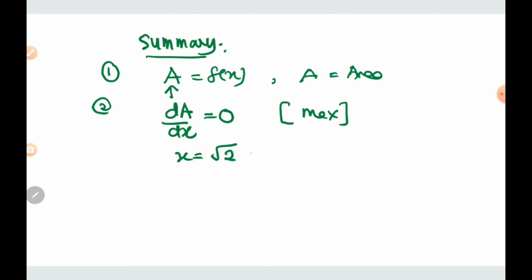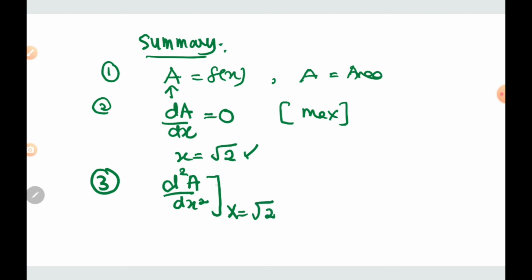So when x equals to 2, the area is maximum, but you need to go until the second derivative, that is d²A/dx². Then you have to substitute x equals to 2 into d²A/dx², and show that you will get the answer is negative, that is less than 0, which means that area A is maximum.